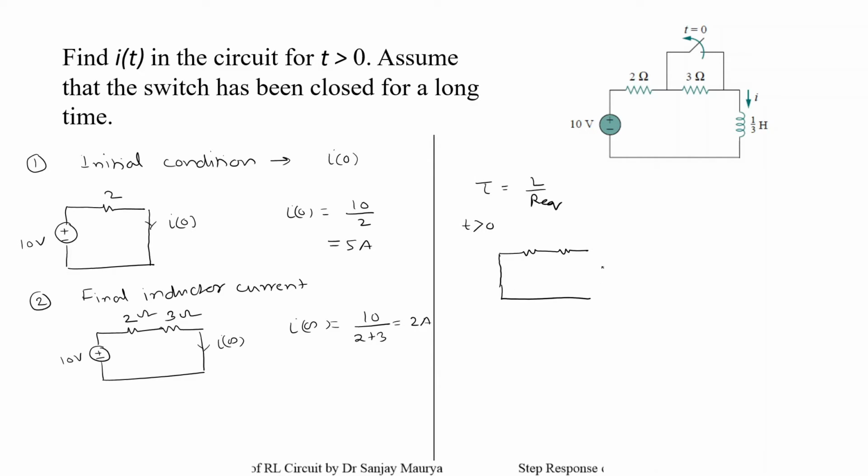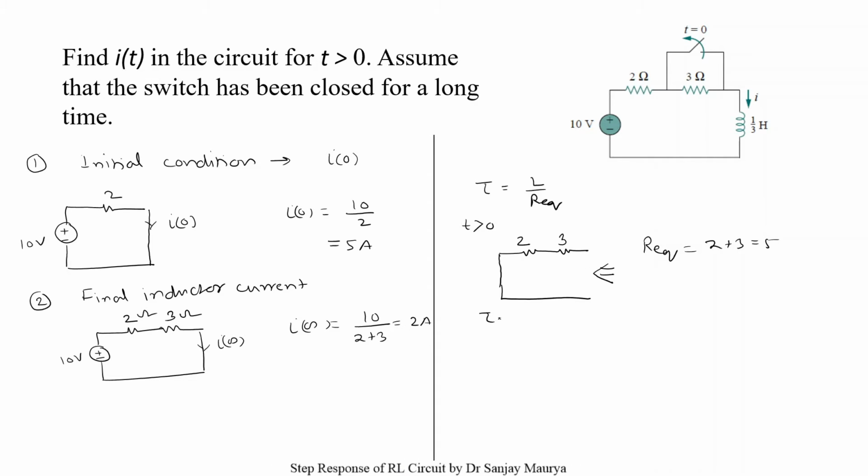Here the inductor was connected, so I am removing the inductor and looking at the two terminals of the inductor. So this will be the value of R equivalent. R equivalent will be 2 plus 3.